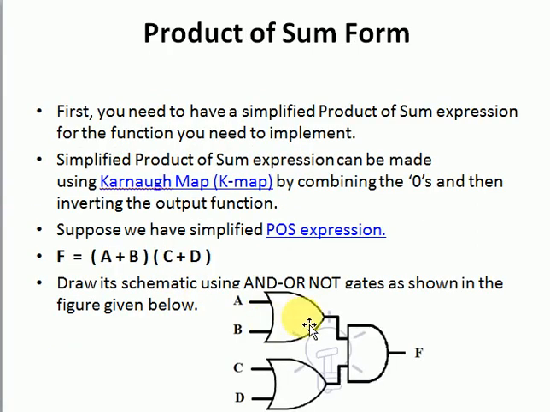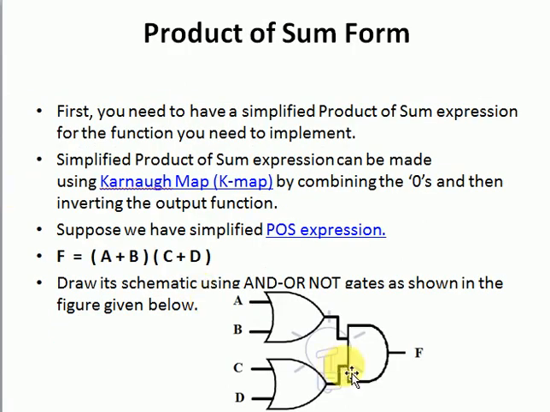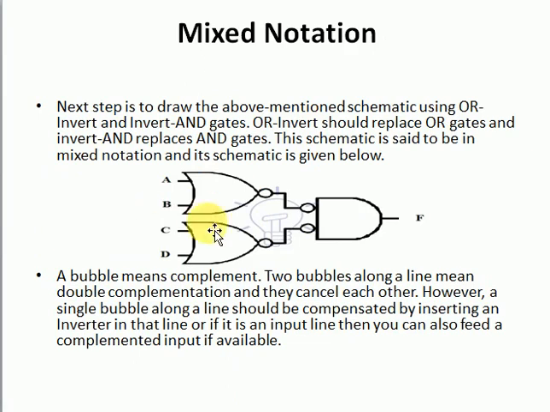Here we have 2 OR gates, and these 2 OR gates will be converted into OR-invert gates, the first OR-invert and then the second OR-invert. The third gate is the AND gate, and by using mixed notation this AND gate will be replaced by the invert-AND gate.